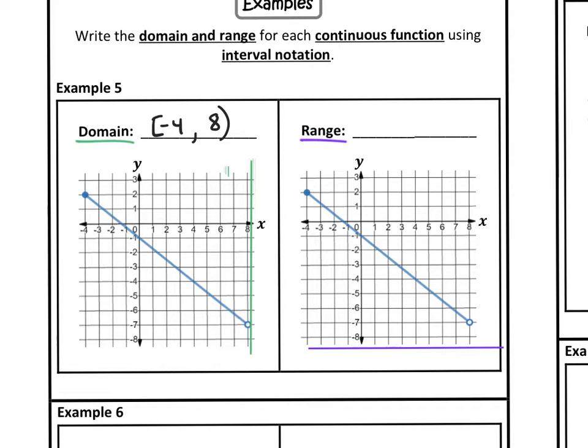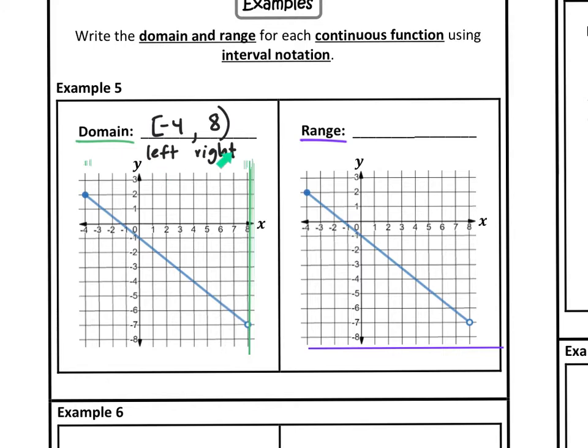So going from left to right, it goes left all the way to -4. That's the starting point. And then as I'm scanning to the right, the last number that I make contact with is 8, but it's an open circle, so I put a parenthesis.